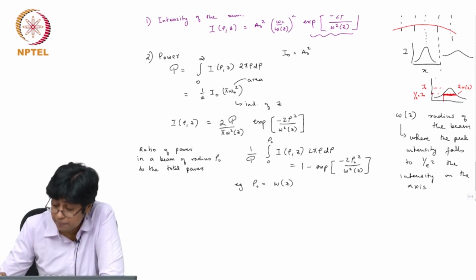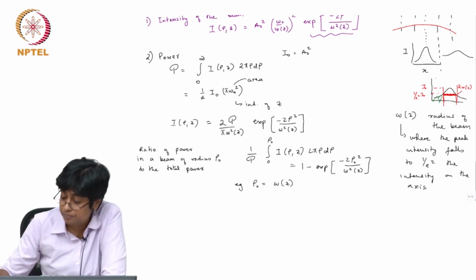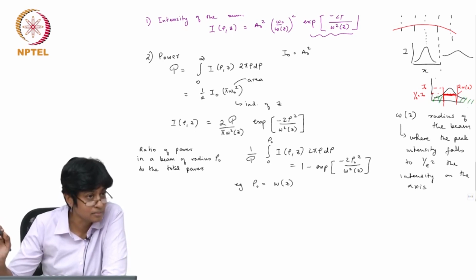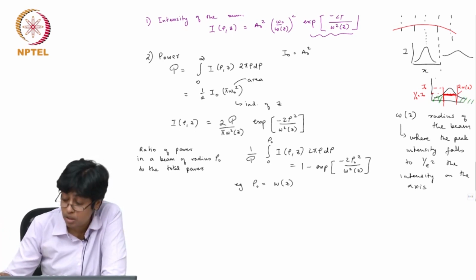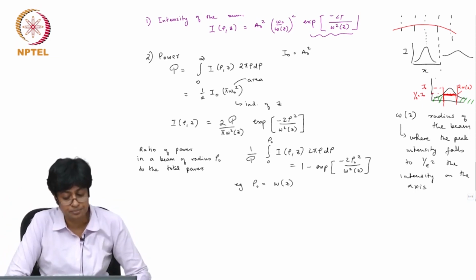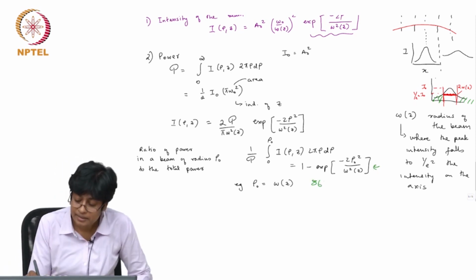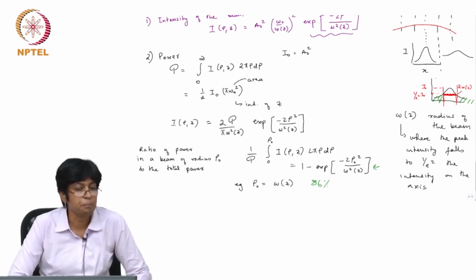That means I'm only capturing the power in this region and throwing away this power. How much power falls in this region where rho naught is equal to omega of z? If you substitute into this equation, you'll see that 86% of the power of the Gaussian beam lies within this region.